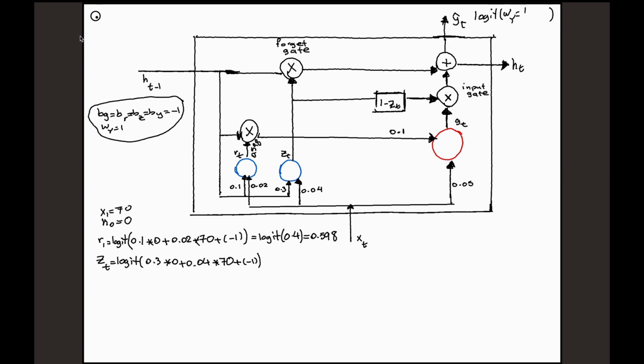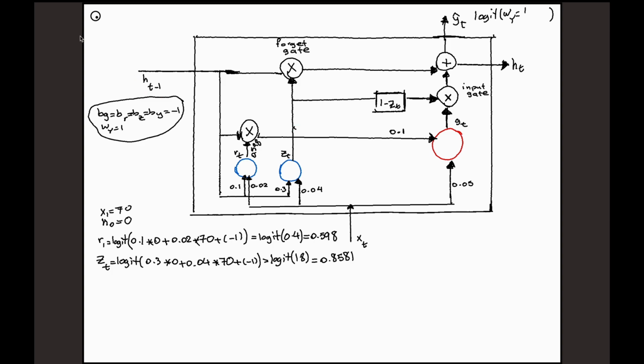We said the bias everywhere is -1 in this example. So that will be sigmoid of 1.8. So it's going to create 0.8581. So what it says is to keep 85.81% of whatever state it was.